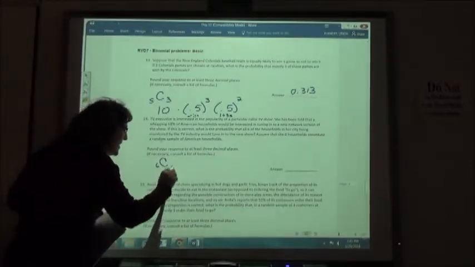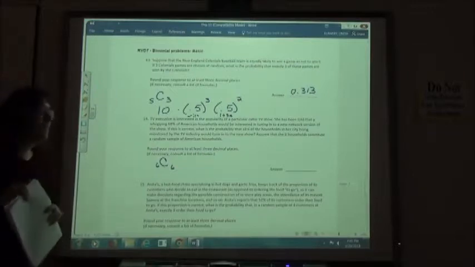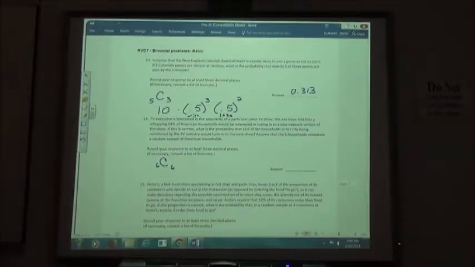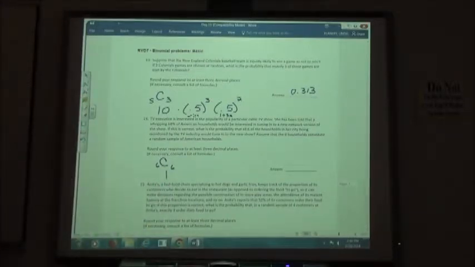All 6 of them. So we have a combination of 6 out of 6, all 6 out of the 6 that we had to choose from. What do we get when we do that? 1.